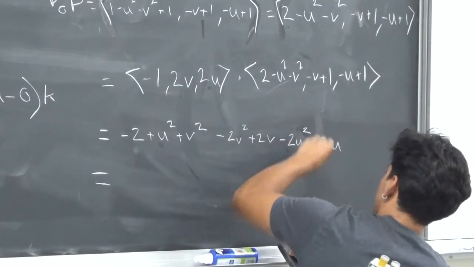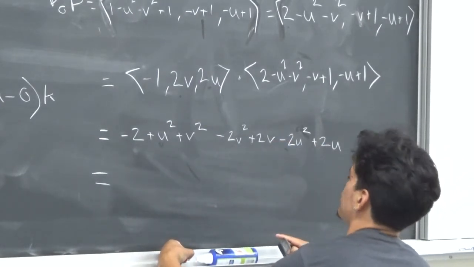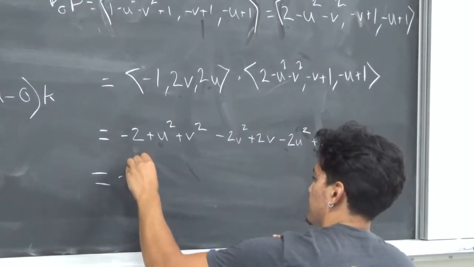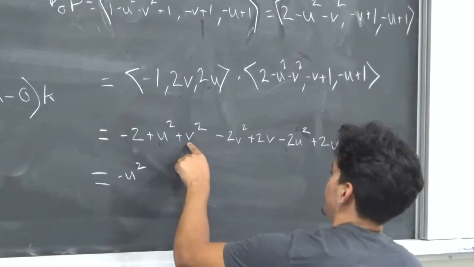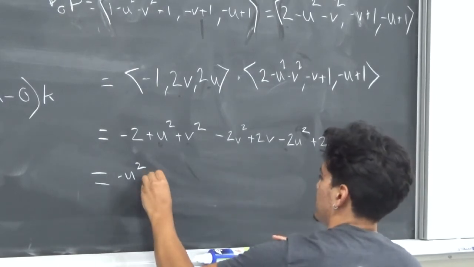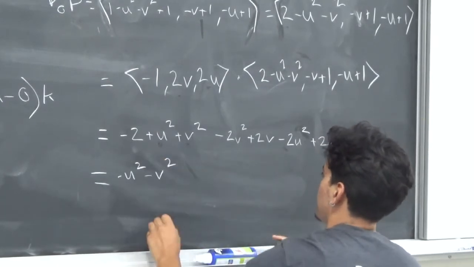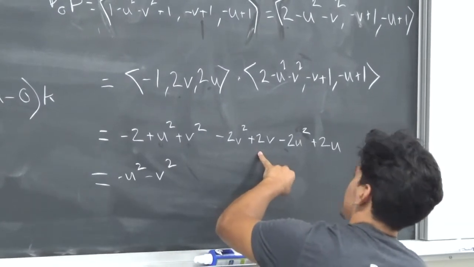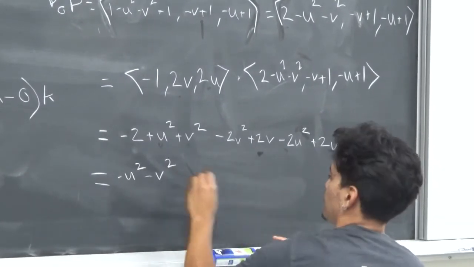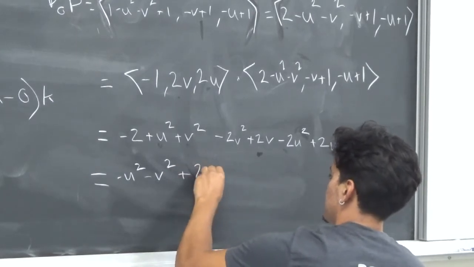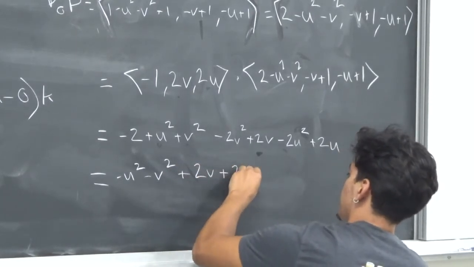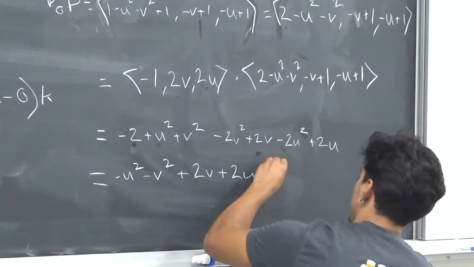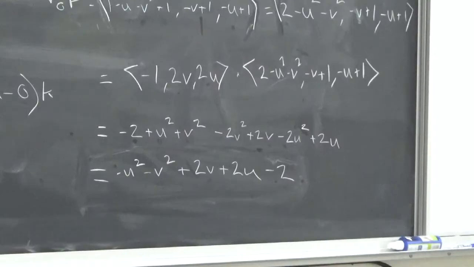And so that's going to be just minus u squared. Then we have v squared minus 2v squared, minus v squared. And then we have 2v and 2u plus 2v plus 2u. And then final is going to be minus 2.